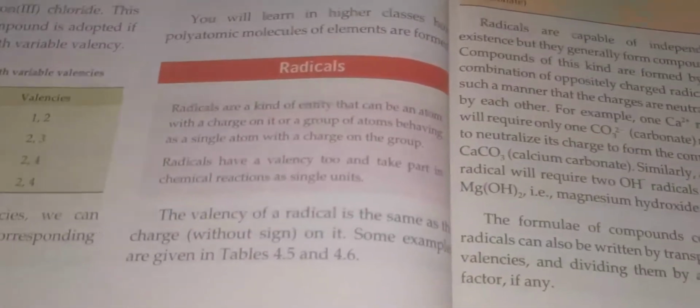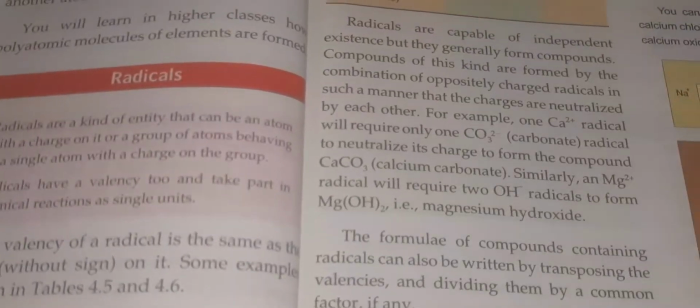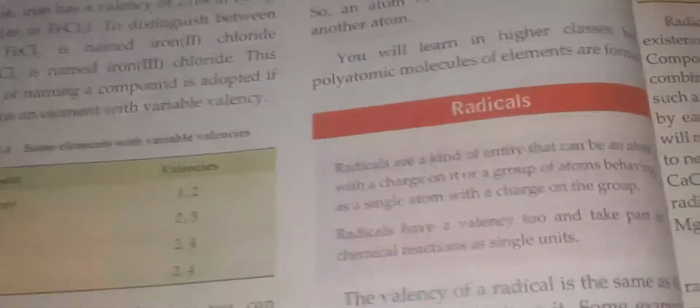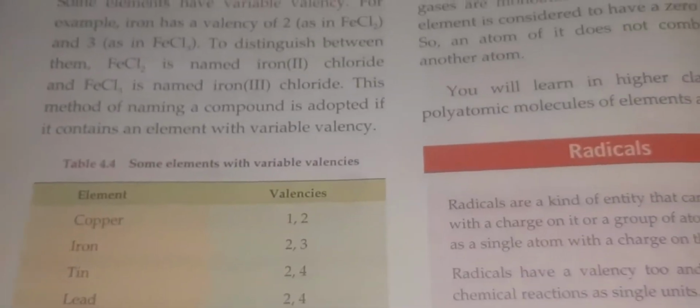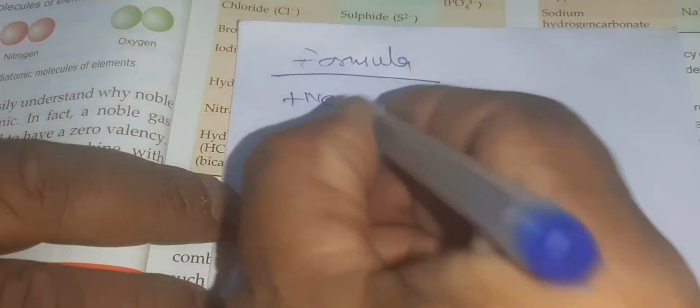We have learned in the class that if you want to write a formula of a compound, for that we need a positive charge radical and a negative charge radical.